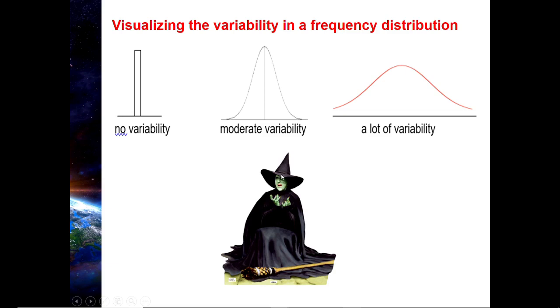She begins to shrink down and expand out. In other words, the Wicked Witch of the West is dispersing. When she was just the Wicked Witch of the West, not melting, she was like this pole. No dispersion. But as she began to melt, and I apologize, this should be a little bit shorter than this, she began to lose heat.